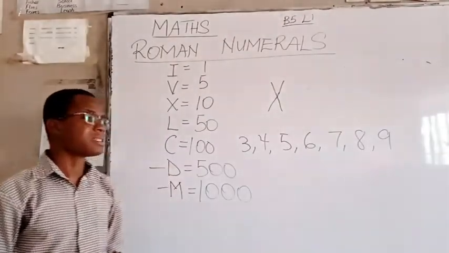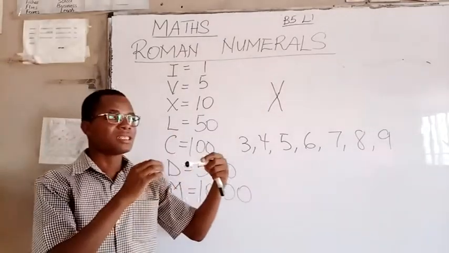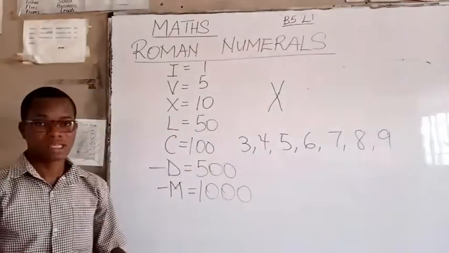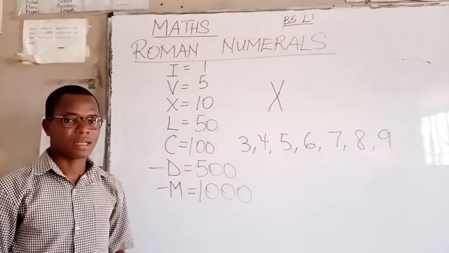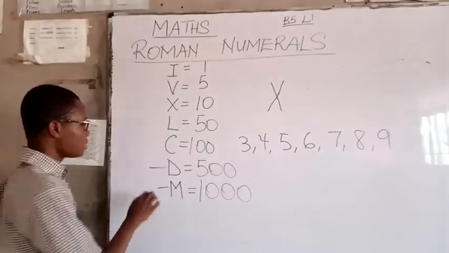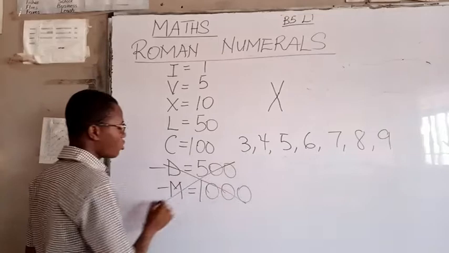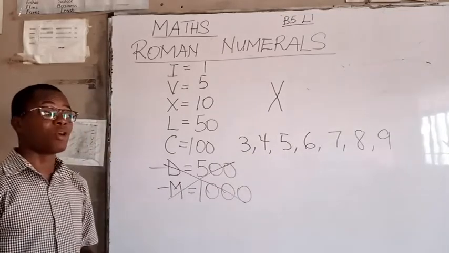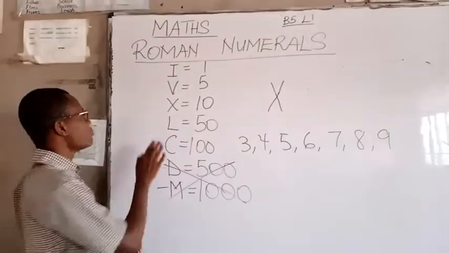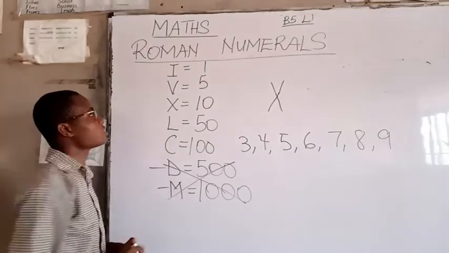So when a firm is celebrating a millennium, it's 1,000 years. Now let's scrap these ones because we are not going to delve more into it. We're going to base our lessons only on these ones.